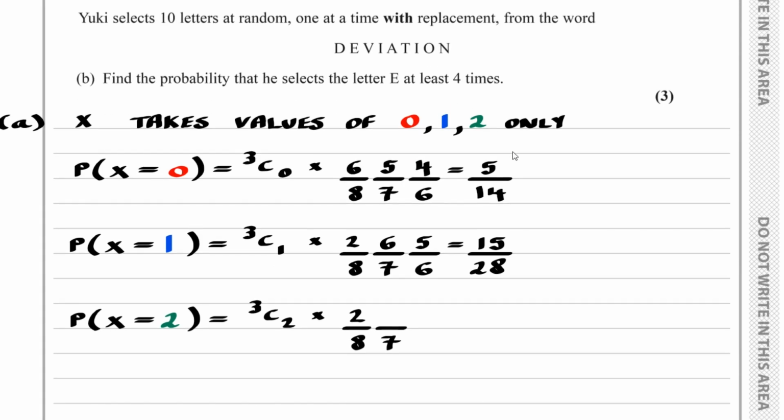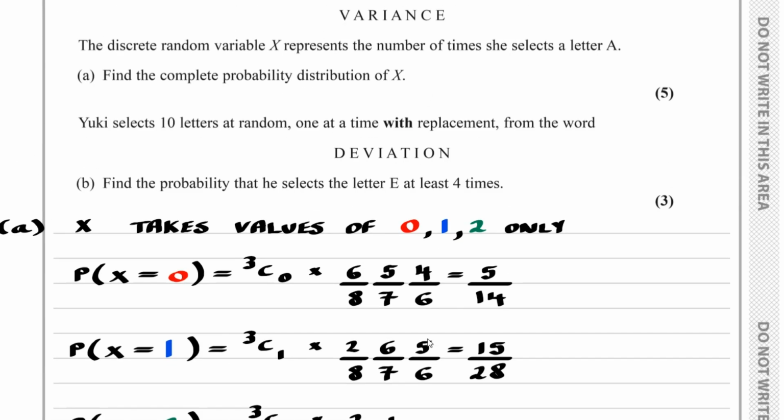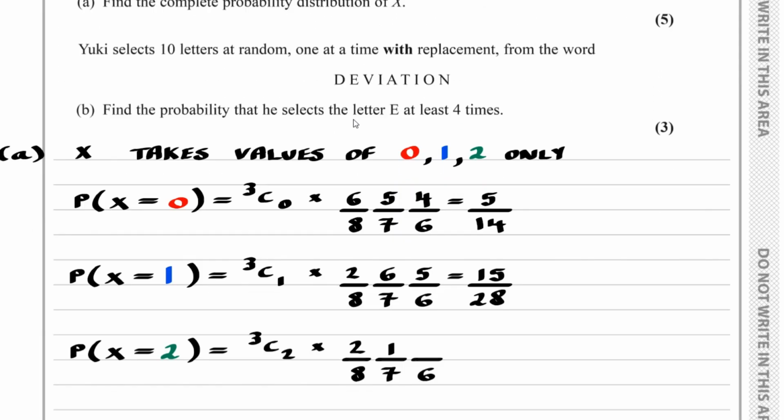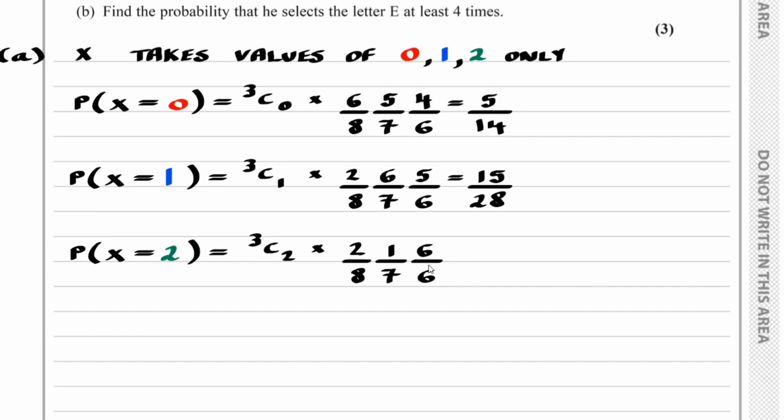Well, I'd only have 1 of those A's remaining. And so, for my next pick, I've got 6 to choose from. I've chosen the 2 A's, so I've got 6 left without an A. And if I work out what this is, I have 3 over 28.